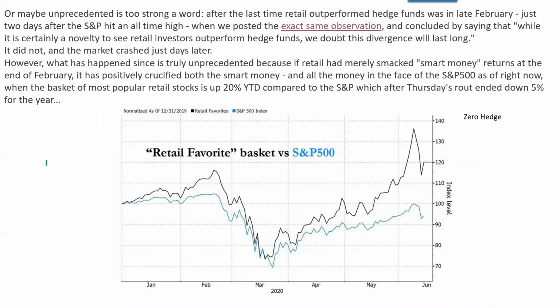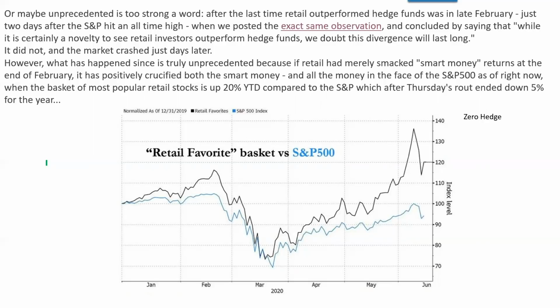So here is something from Zero Hedge, and I'll just read it: "Or maybe unprecedented is too strong a word. After the last time retail outperformed hedge funds was in late February, just 2 days after the S&P hit an all-time high, when we posted the exact same observation, concluded by saying that while it is certainly a novelty to see retail investors outperform hedge funds, we doubt this divergence will last long. It did not, and the market crashed just days later.